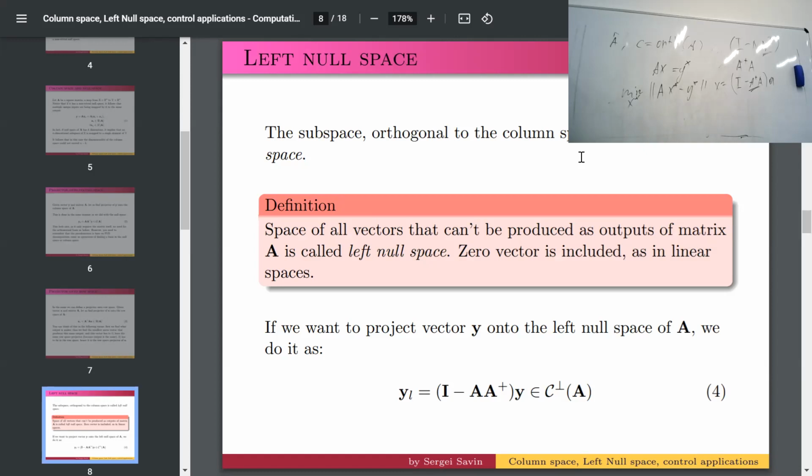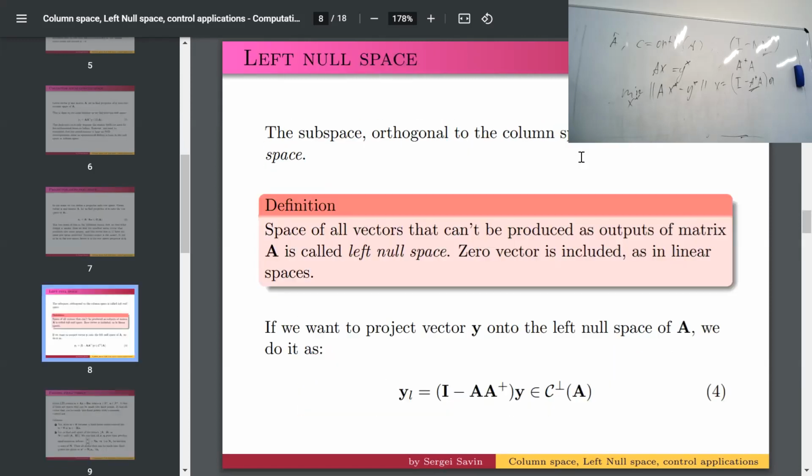And that's it. So it's very simple. Remember, we originally had this discussion of how you find whether a vector can or cannot be produced by A as an output. Well, now you can have a test. Let me see if there is a slide about it. No, the test is very simple.